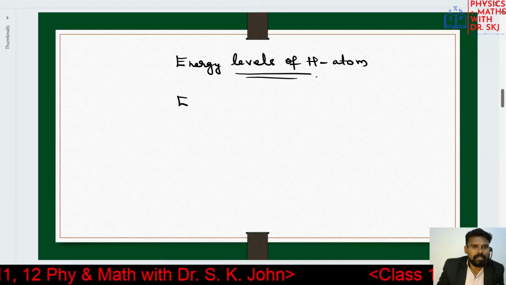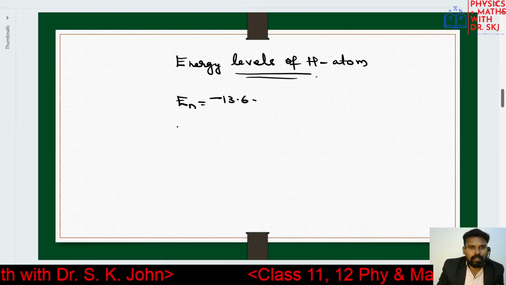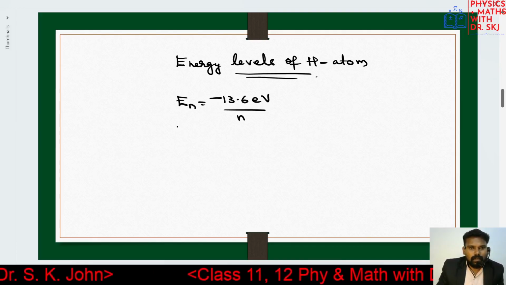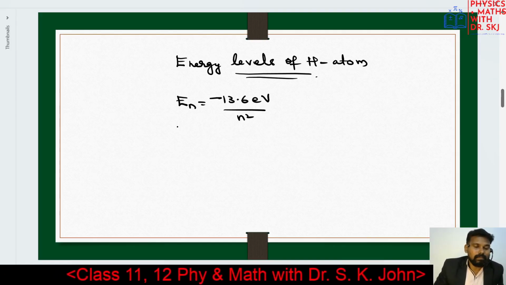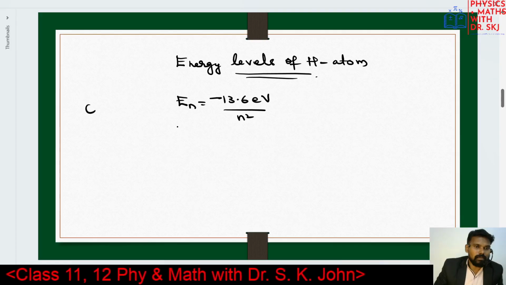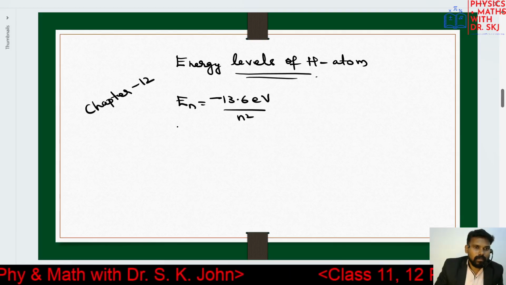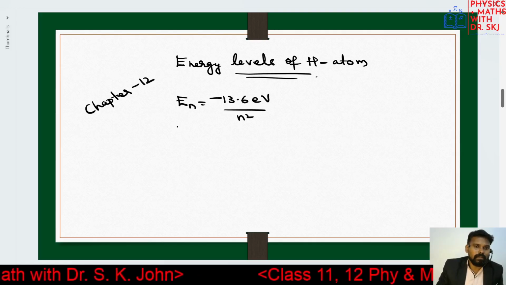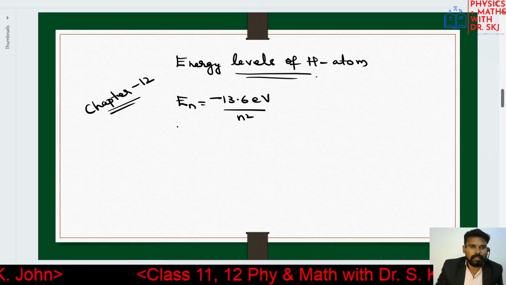In the hydrogen atom, the energy level is given by the formula En is equal to minus 13.6 electron volt divided by n square. If you have studied chapter 12, not chapter 13, when you study the Bohr model, you will study the derivation for this, or at least this equation you can study.